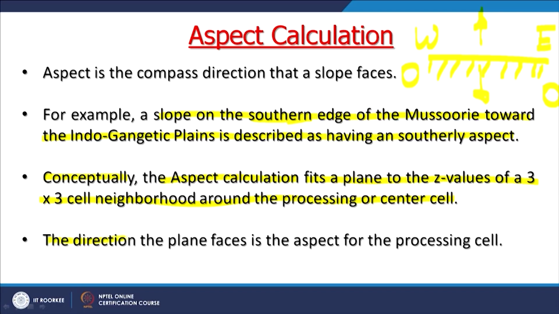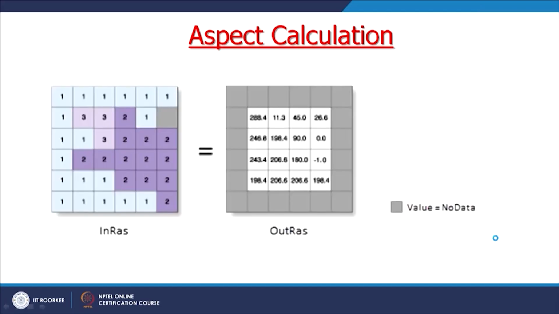So, the direction the plane faces becomes the aspect for the processing cell. For example, here we have an input raster. For simplicity, the cell values have been kept as either 1, 2 or 3.